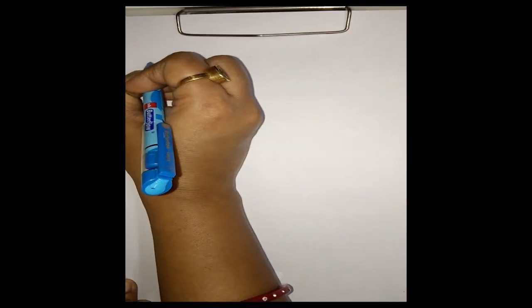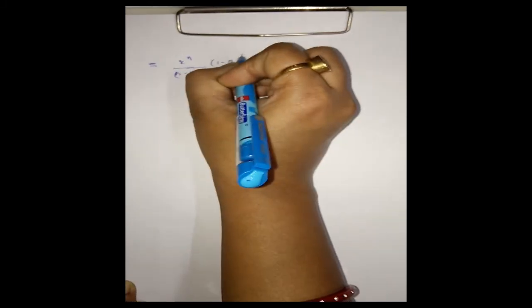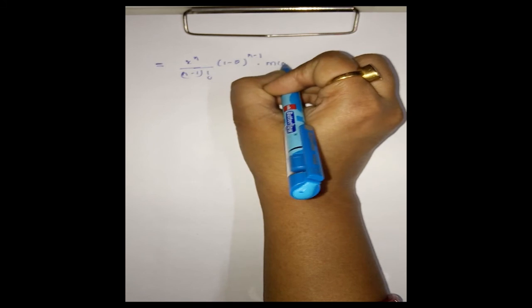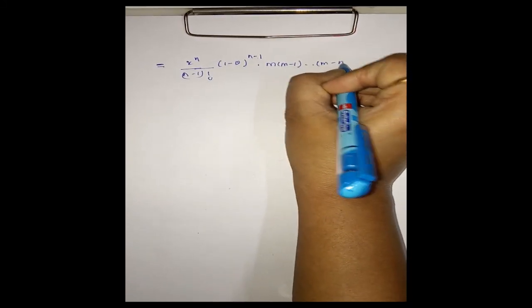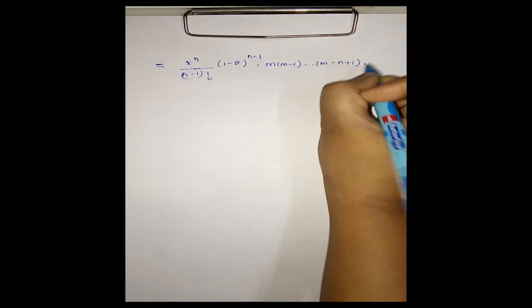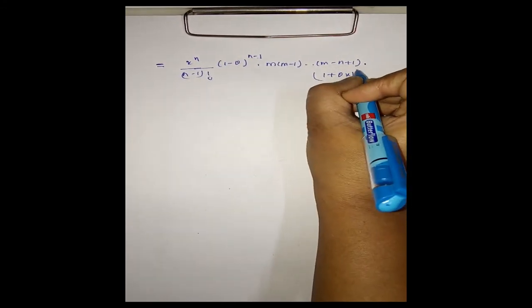Therefore, Rn will be equal to x^n by (n minus 1) factorial into (1 minus theta)^(n minus 1) into m into (m minus 1) up to (m minus n plus 1) into (1 plus theta x)^(m minus n).